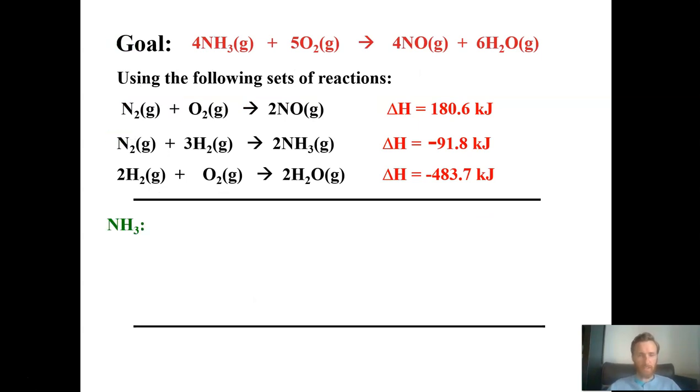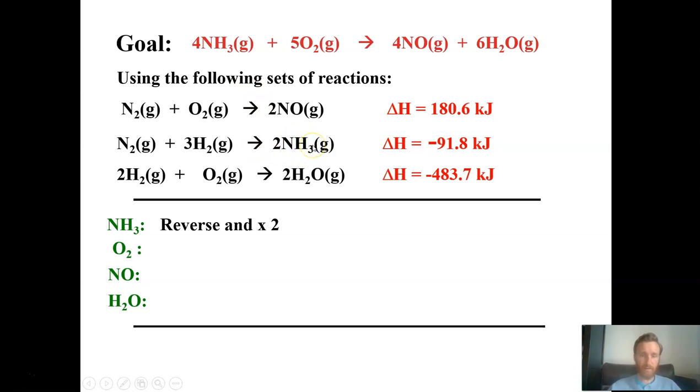So what do we do? Well, we might break out and think about these in terms of the different components. So ammonia, O2, NO, and H2O. So for the ammonia set, we've got to reverse that second equation and multiply by 2. Well, why do we do that? Because there's 4 ammonia on the reactant side, and in our second equation there's 2 ammonia on the product side.